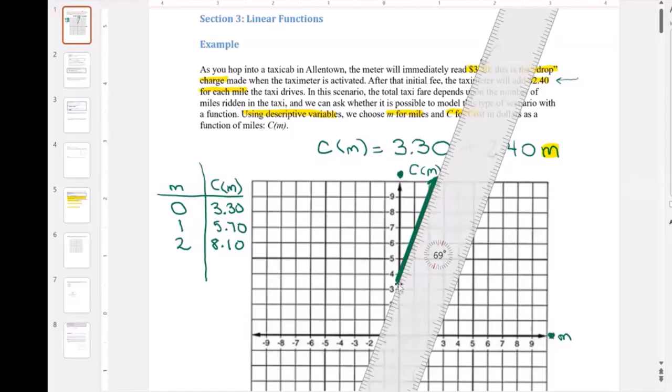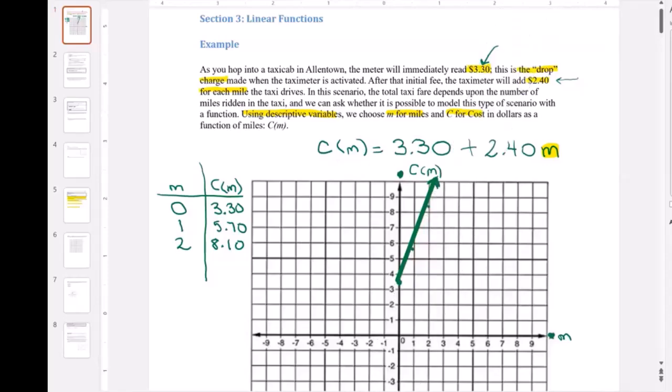Okay. So this is approximately the graph. And we can see why we would call this a linear function, because notice it's graphing to a line. And we really wouldn't have any negative miles, so we wouldn't have anything to the left of this vertical axis.